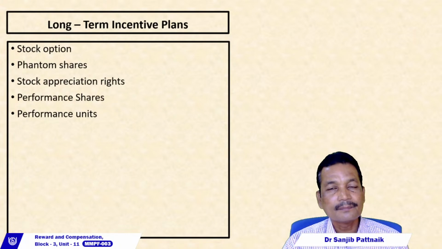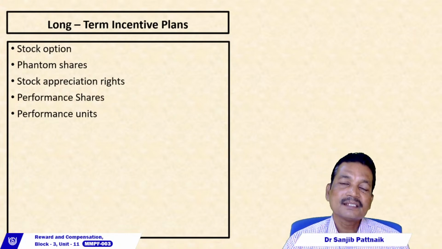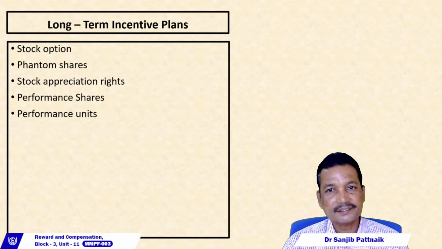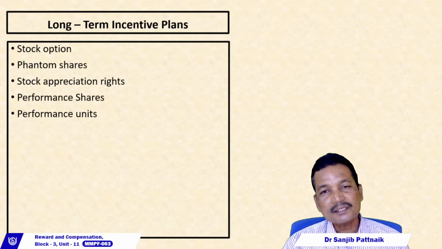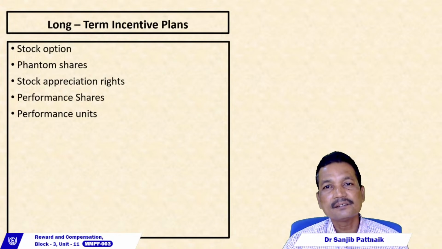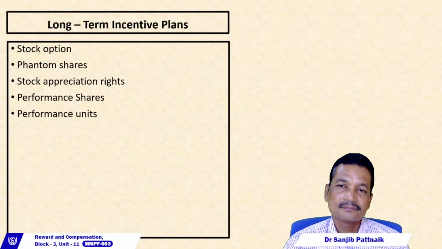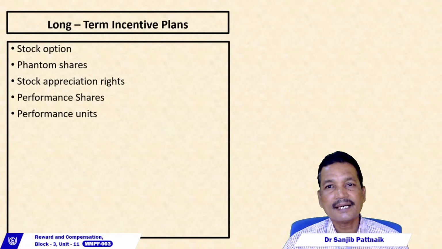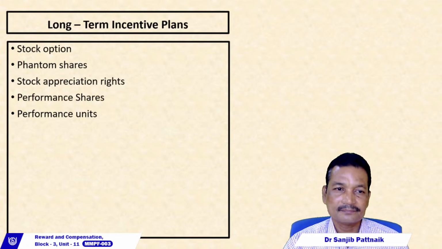Now, these shares are only for namesake. At a certain future date, the employees will take their money for which they have been assigned certain phantom shares. So it is a gap arrangement, we can say.